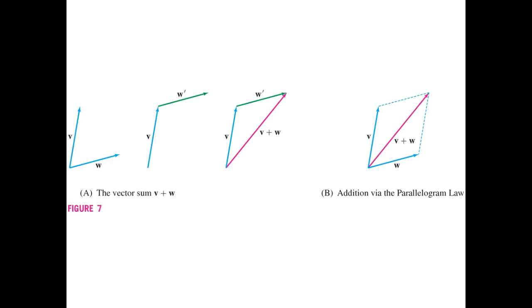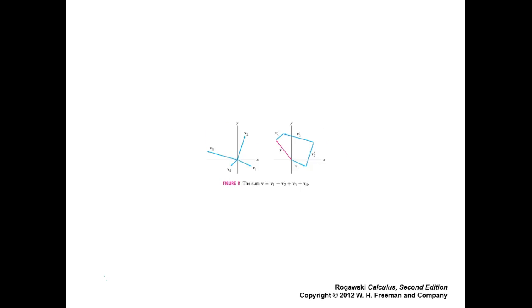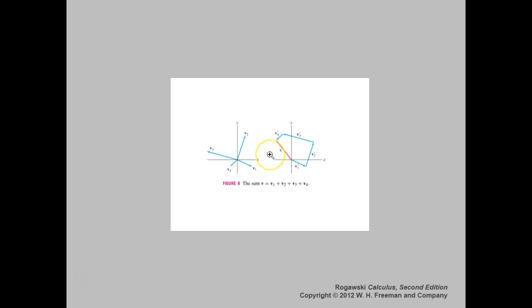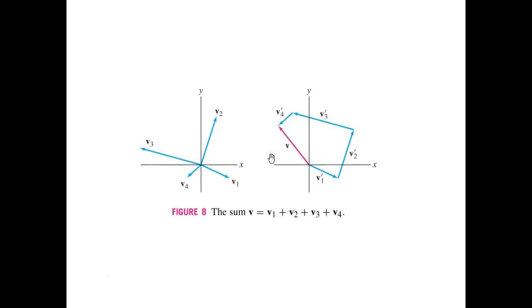Now, this parallelogram law works only when you have two vectors. Other than this, you have what I would call a polygonal law, okay? In other words, drawing polygons if you have more than two vectors. So let's say we're adding these four vectors together, v1, v2, v3, and v4, okay?